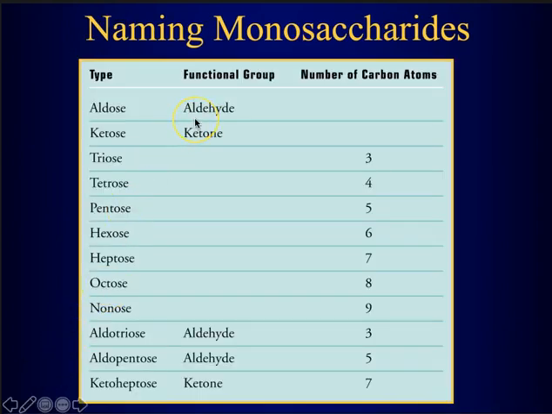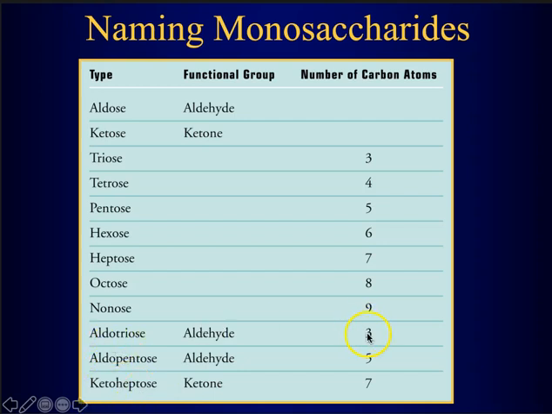All right. So just to give you a chart with all of these, the 3 is still tri, tetra is 4, so we're going back to our last semester naming. So tri, tetra, penta, or just pent, hex, hept, oct, non. Technically it would be dec too, but you don't really see dec because they just don't get that big. And then aldehyde is an aldo, ketone is a keto.